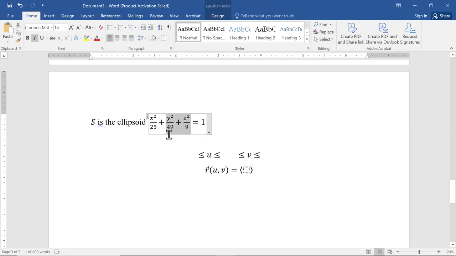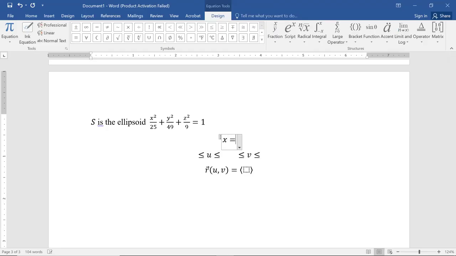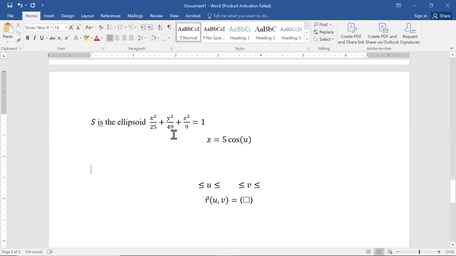The way I get these second pieces to combine and give me a sine squared is to introduce a new cosine squared and a new sine squared. So let me explain. We're going to let x be equal to 5 times cosine of u. And that way, when I plug in x into this function, let me just go ahead and do that.